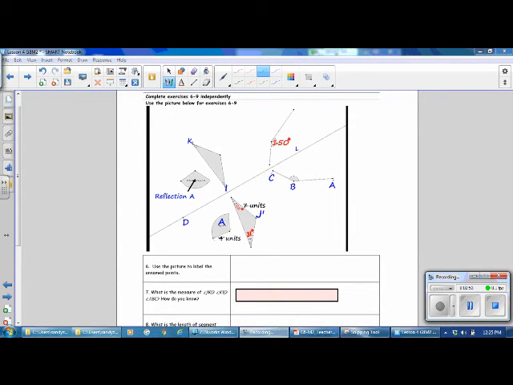Use the picture to label the unnamed points. I will highlight them for you and then pause the video and label them. Alright, so this is called I prime, and the farthest point here is called K prime.